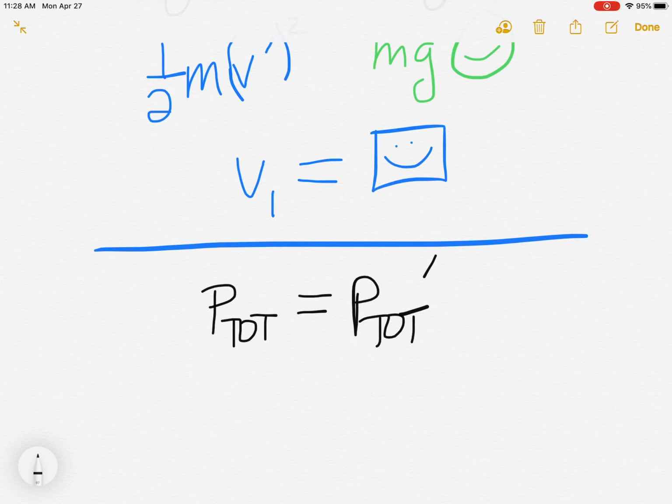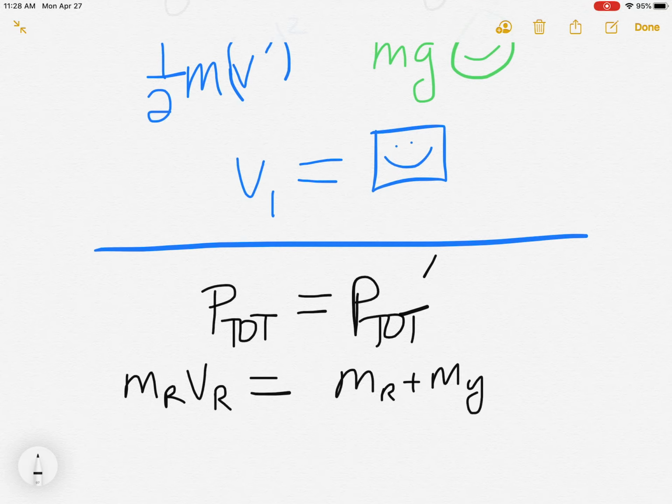And then once you're done that, you can set up your momentum equation: the total momentum before equals the total momentum after. And here you've got the mass of Ralph and the mass of you. Well, you're not moving initially, so initially it's just Ralph's mass and Ralph's velocity. And then afterwards you have the case where you and Ralph are stuck together.